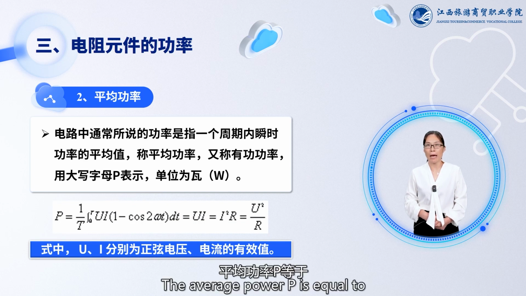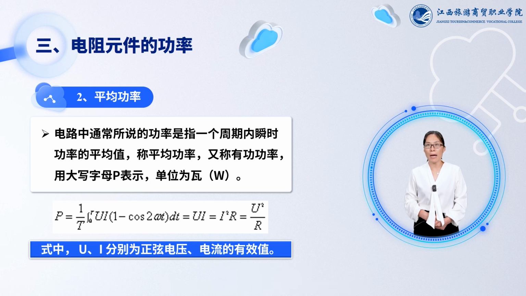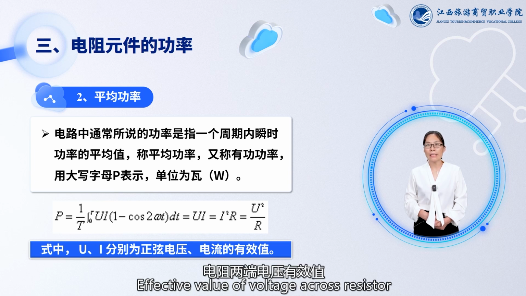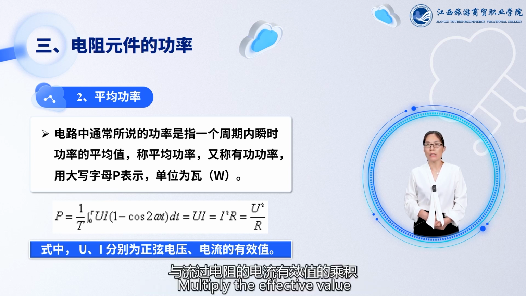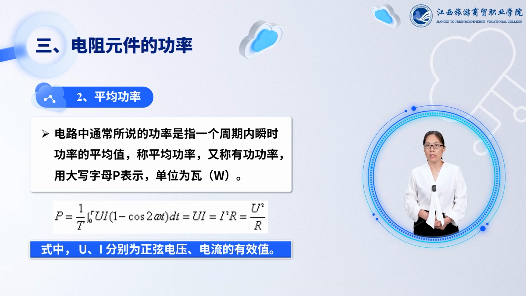The average power P is equal to the effective value of voltage across the resistor multiplied by the effective value of the current flowing through the resistor.